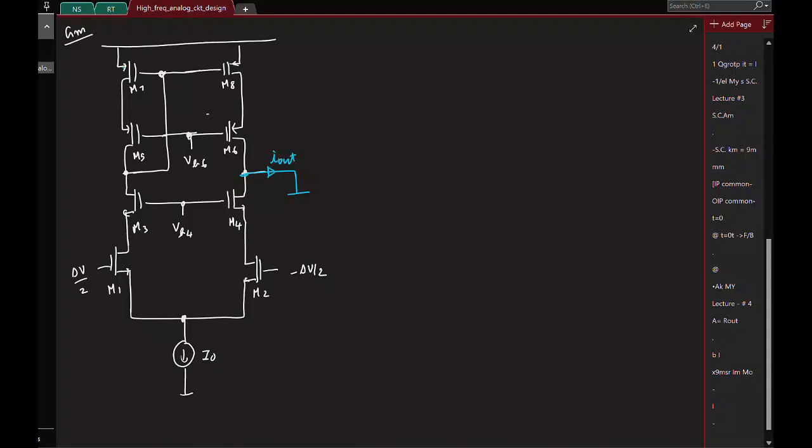Let's say I apply voltages V1 and V2. Now again, let's not repeat everything. We'll use whatever results we obtained from our earlier analysis. So this drain is now shorted, and what is the impedance looking here?